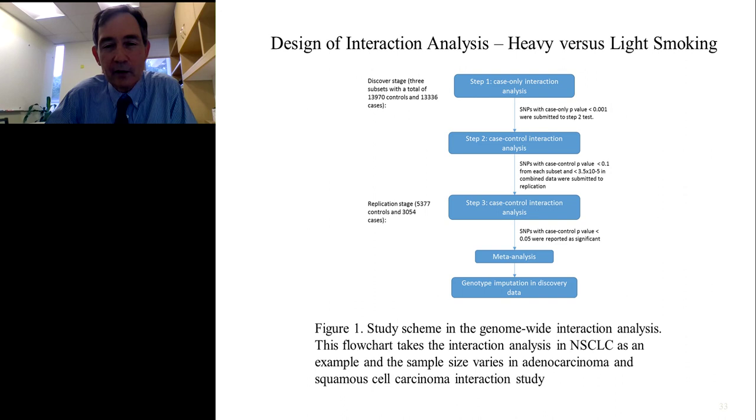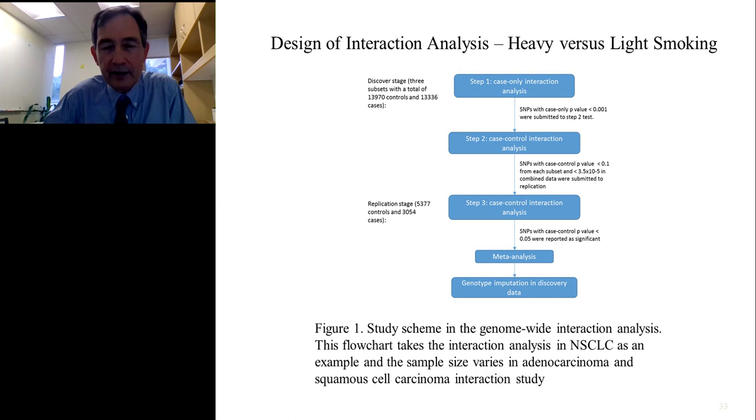And so we recently published a paper where we did a rather intricate analysis in which we started with a case-only approach in which we compare the genotypes of cases according to smoking behavior.